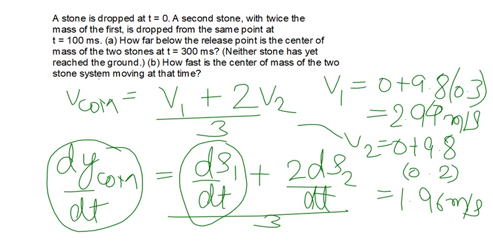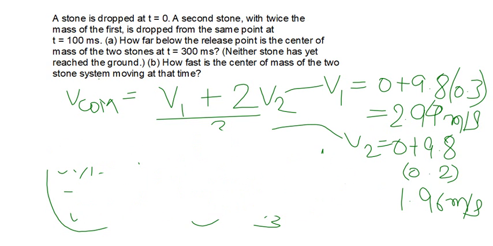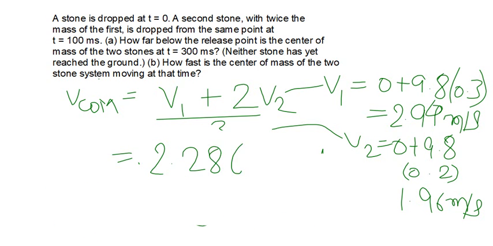And if you put these values in v1 and v2, you'll get the velocity of center of mass, and that is basically equal to 2.86 meter per second.